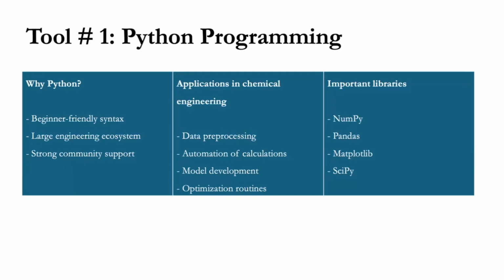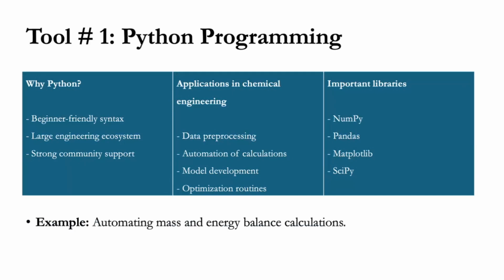The important libraries include NumPy for numerical calculations, Pandas for data handling, Matplotlib for visualization, and SciPy for scientific computing. For example, you can automate mass and energy balance calculations or analyze plant operations data using Python. It is a foundation upon which most AI workflows are built.